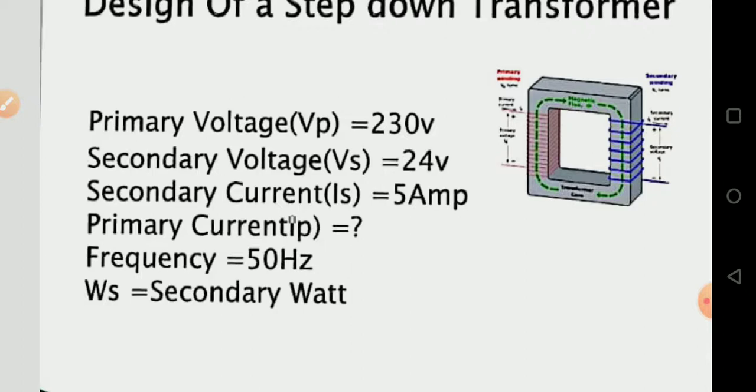The secondary current is 5 ampere. We have to calculate the primary current, denoted by Ip. The frequency is 50 hertz on both sides, since frequency is constant, and Ws is the secondary watt.